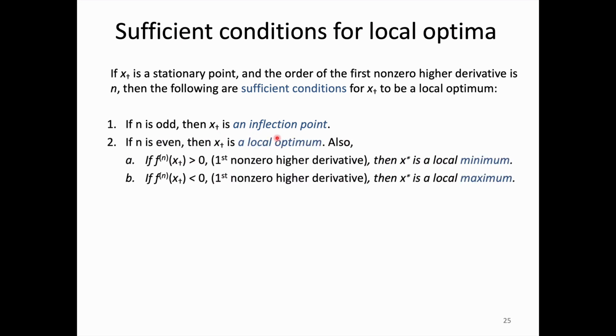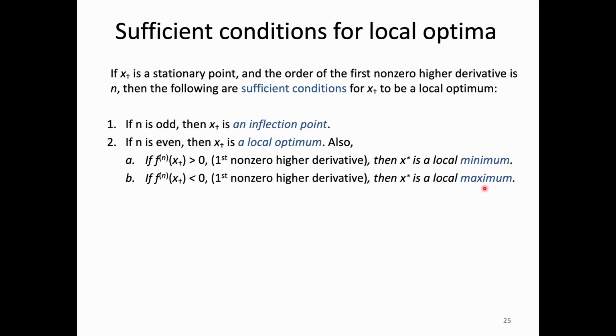If n is even, it could be either a minimum or a maximum. So if the first non-zero higher derivative, the nth derivative, is greater than 0, then that means we have curvature facing up, and this is a local minimum. If it's less than 0, we have curvature facing down, and that's a local maximum.